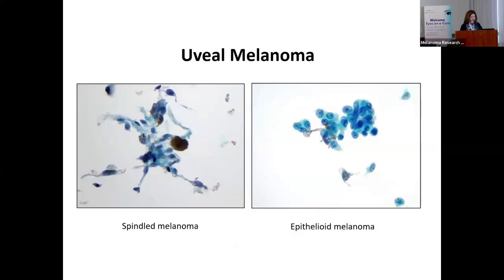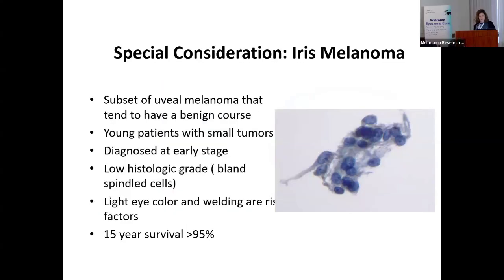And this is just a higher magnification to show the spindle and the epithelioid. Both of these have pigment. You can see here, there's a lot of pigment. There's some pigment in this cell. There's some pigment here. And the pigment here is a little more sparse, but there is some pigment, which is helpful to us.